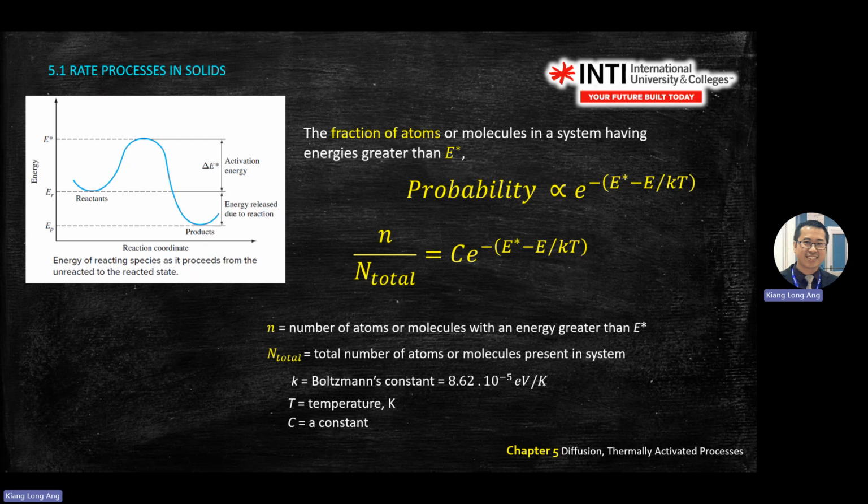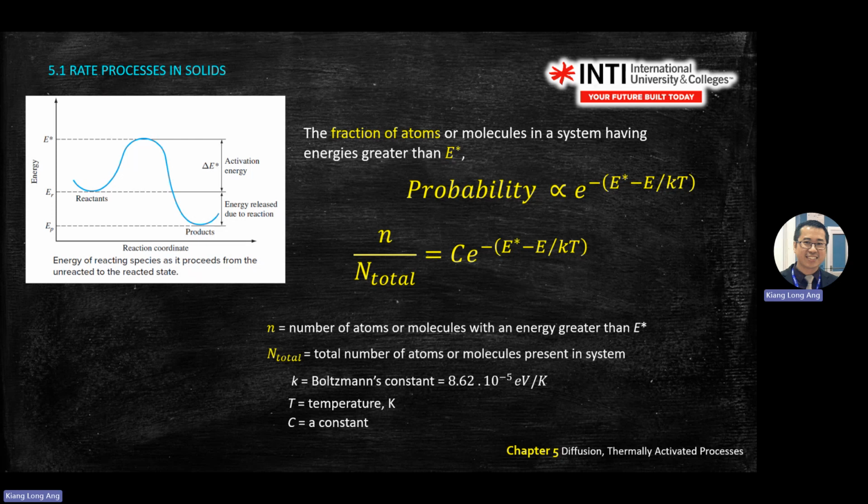Okay. See another Boltzmann constant here using eV. So don't confuse between the two numbers, one is in joule, one is in eV. So n divided by capital N total equals C e to the power of minus E star divided by kT.